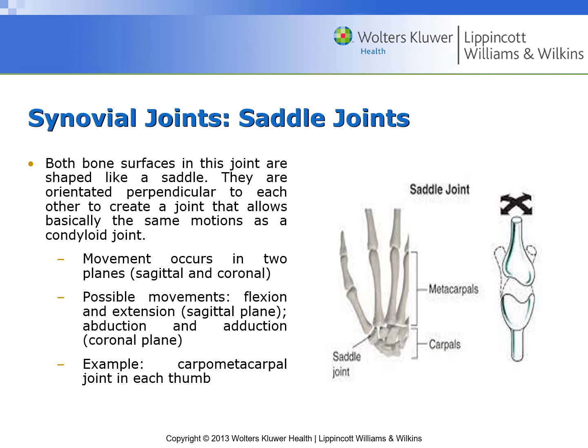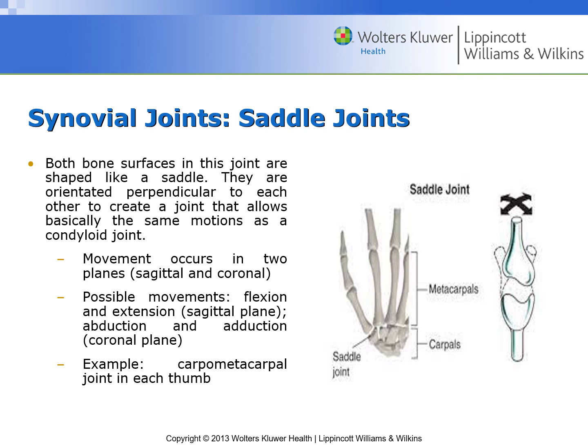The next type of synovial joint that we will consider is the saddle joint. Both bone surfaces in this joint are shaped like a saddle. They are orientated perpendicular to each other to create a joint that allows basically the same motions as a condyloid joint.